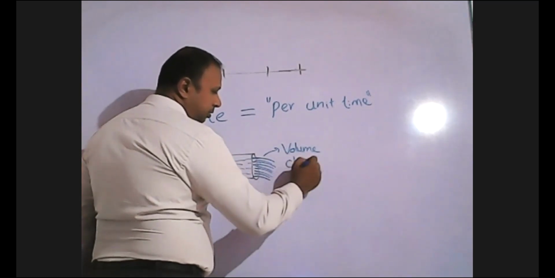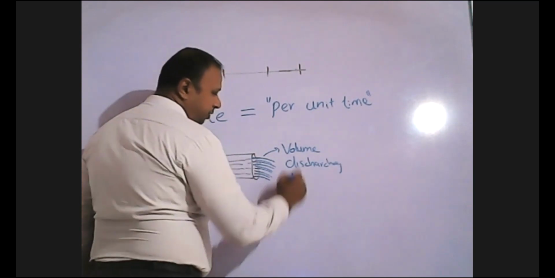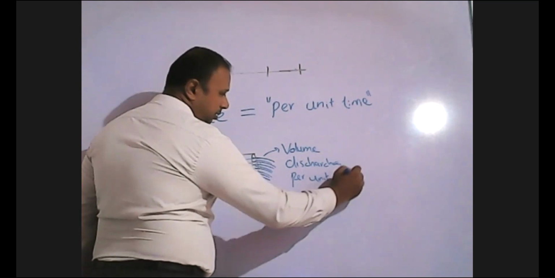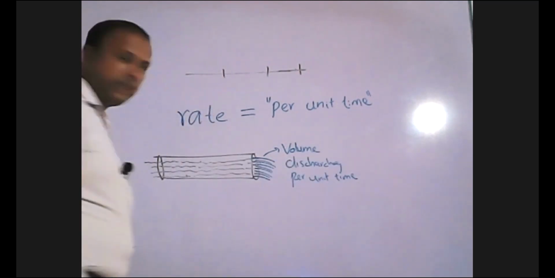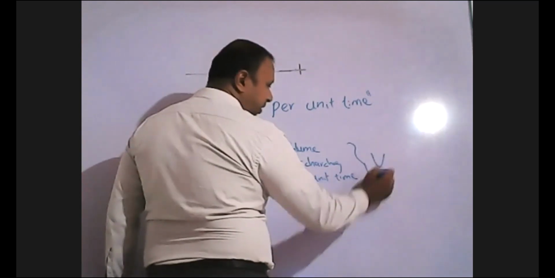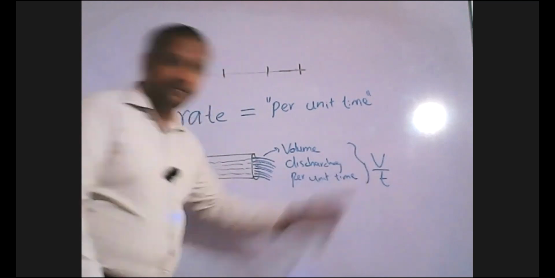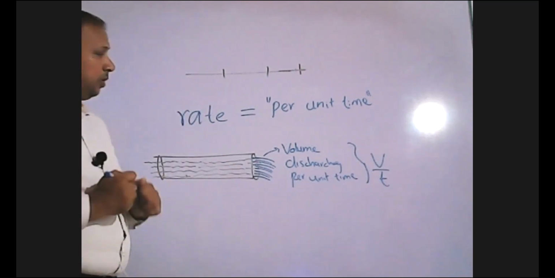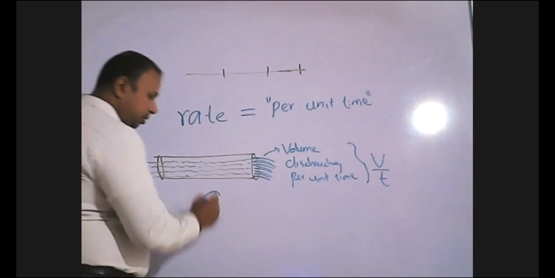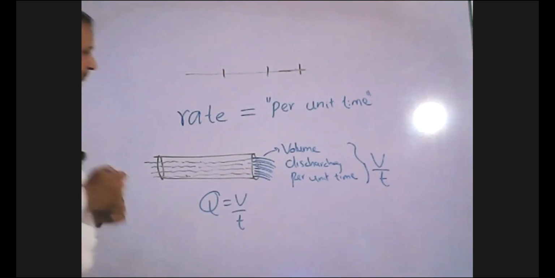So that is equal to V over T, where V means volume and time is T. So Q is equal to V over T.